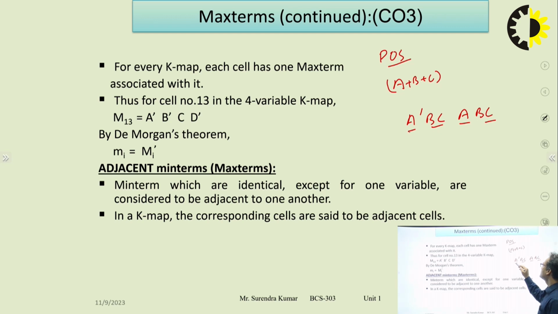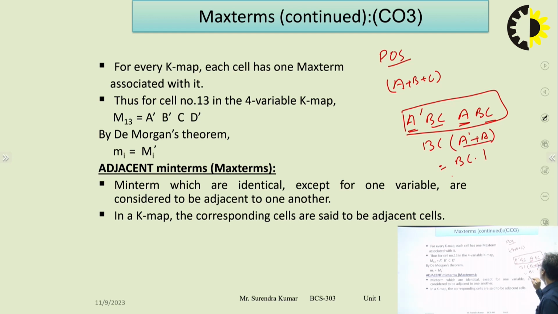A bar is changed with A. So these are your adjacent minterms, and they can be simplified with the identity property: BC times (A plus A bar) is BC times 1, which equals BC. So using this property, you will solve the K-map.